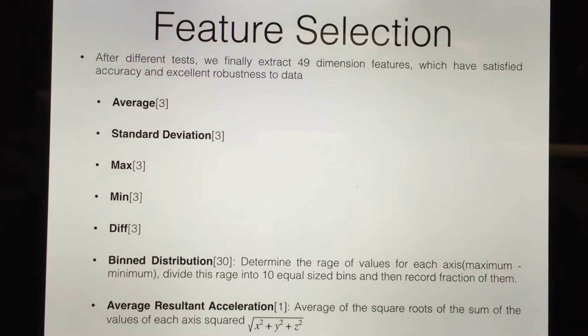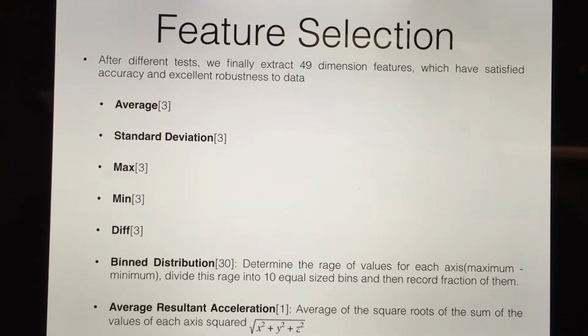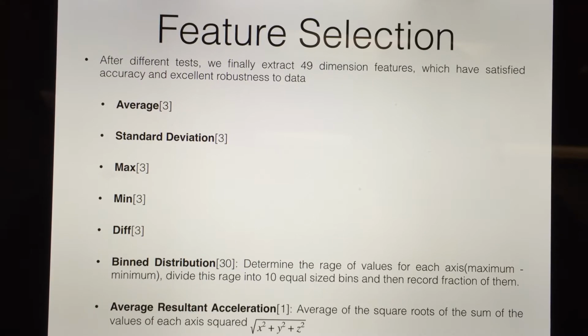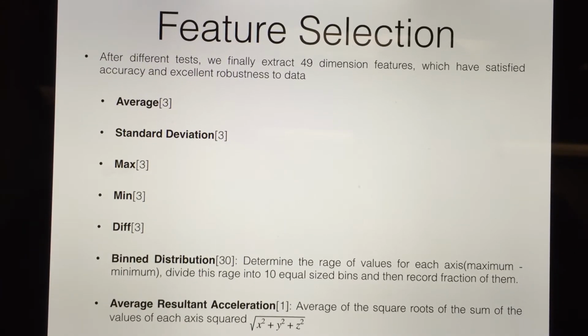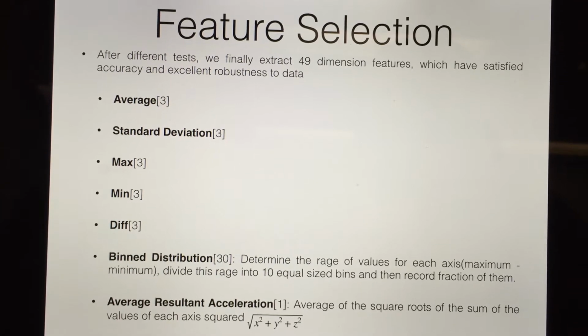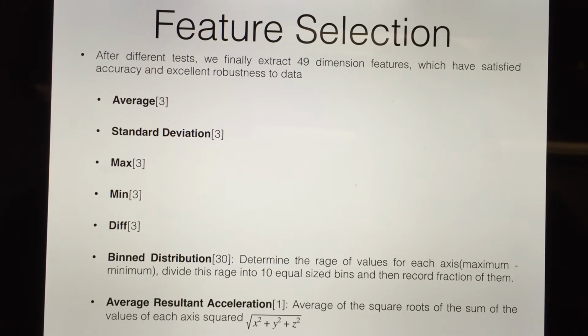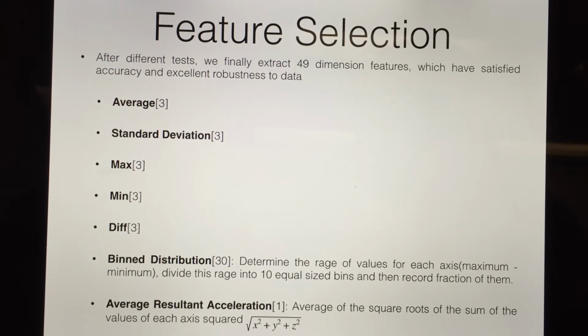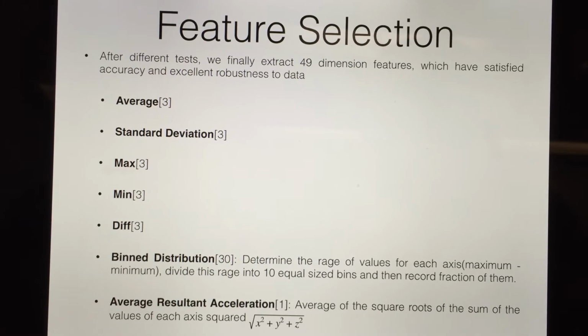In the next step, we select key features that can fully represent the activities. Based on some papers and our efforts, we extract 49-dimension features which have satisfactory accuracy and excellent robustness to the data.